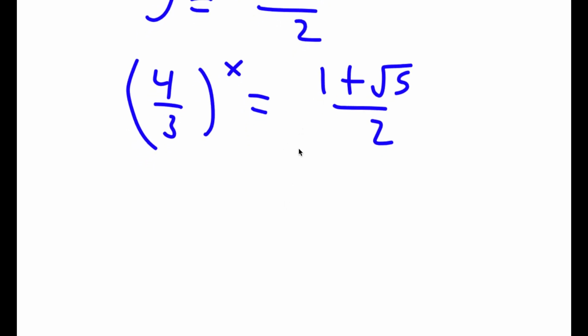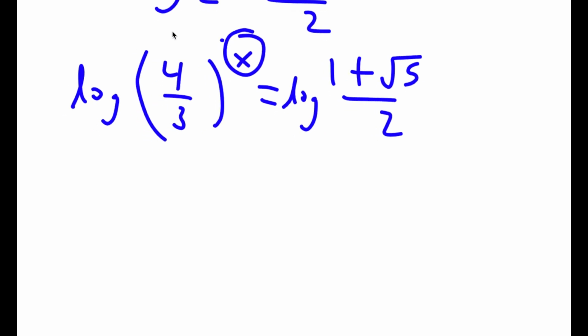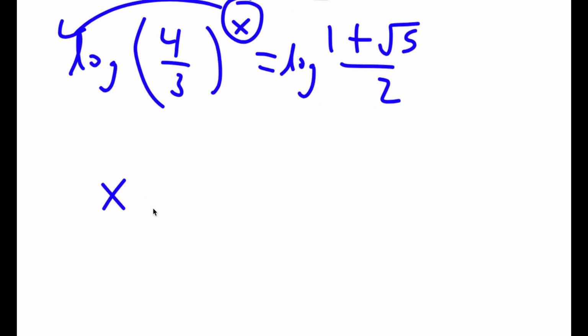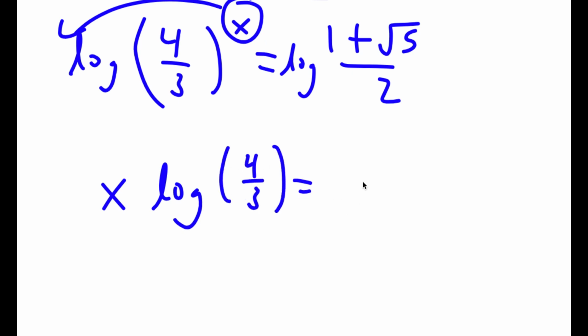So now to solve this, I'm going to take the log on both sides. So I have log of 4 over 3 to the power of x is equal to log of 1 plus the square root of 5 over 2. And now I can actually move this x to the front. So now I have x times log 4 over 3 is equal to log of 1 plus the square root of 5 over 2.